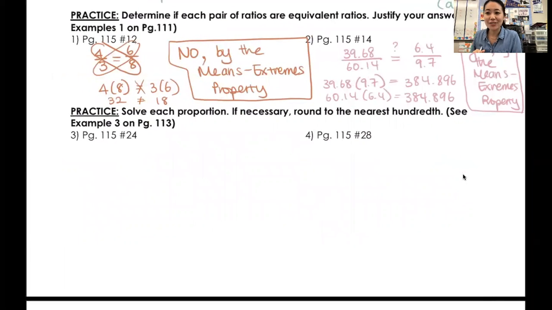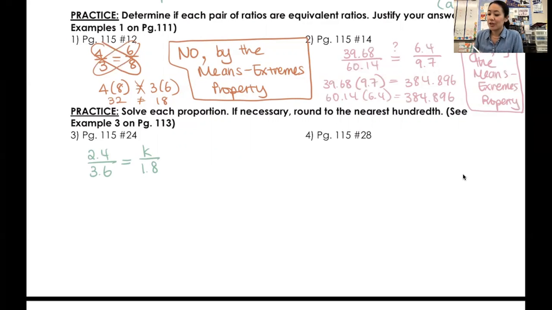All right, let's go on to example 3. So on page 115 still, and we are now on number 24. All right, this time we are asked to solve each proportion, meaning we need to find the value of a variable. So for number 24, this is 2.4 over 3.6, and we want to see if that's equal to k over 1.8.